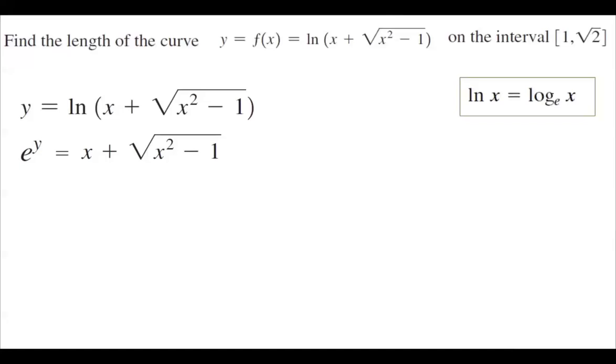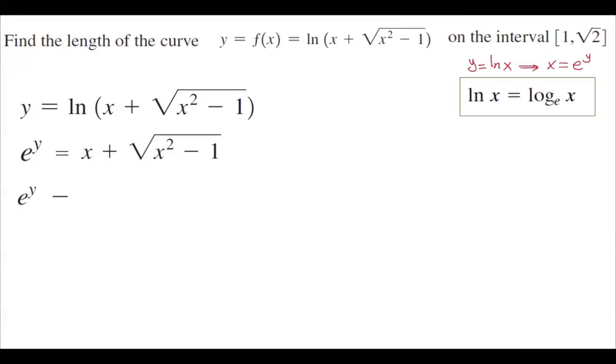So in general, if y is equal to ln of x, then x is e to power y. This is what we are having here. Or if y is equal to ln of u, then u is e to power y. e to power y can be written as x plus the square root of x squared minus 1.